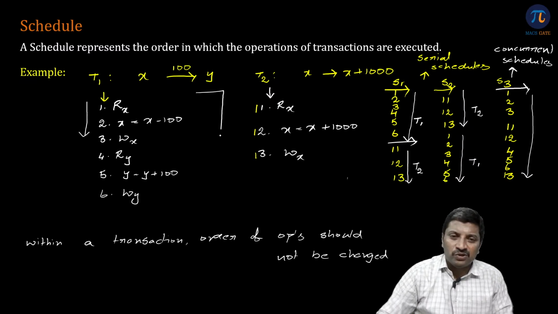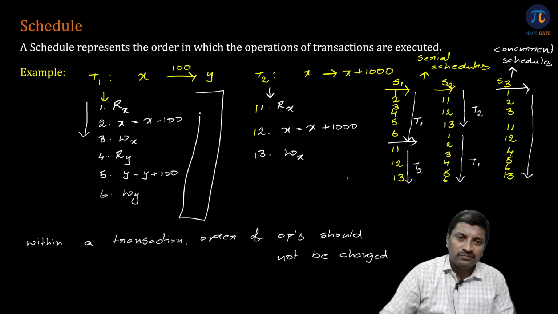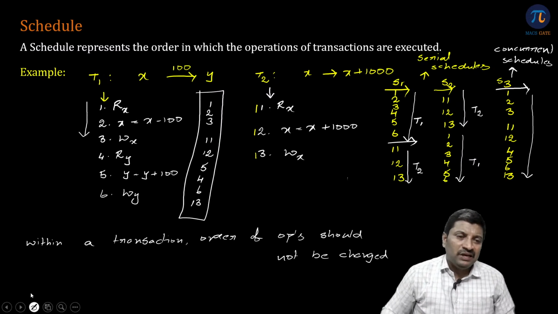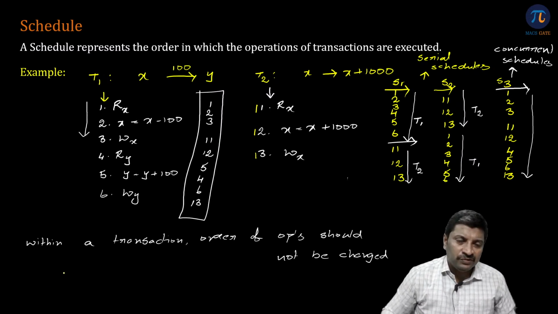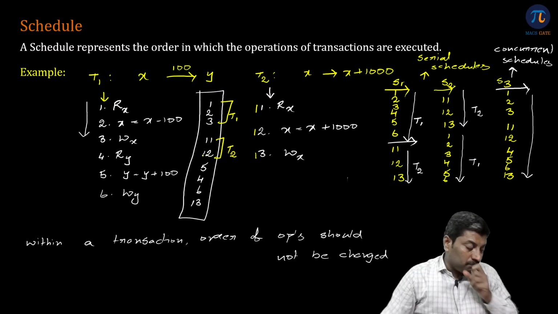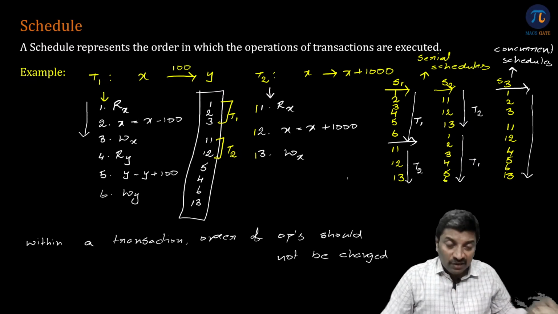Now one small question is, can I have a schedule like this? Please observe it, sir. 1, 2, 3 of the first transaction, 11, 12 of the second transaction. I'm sorry, sir.